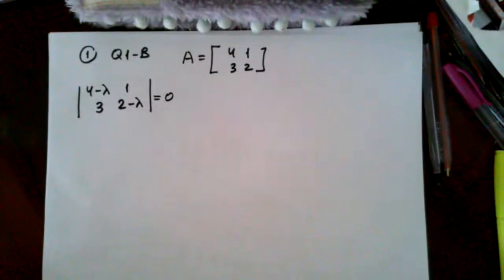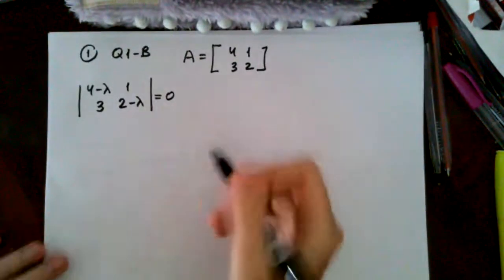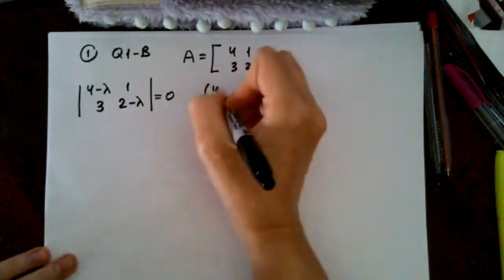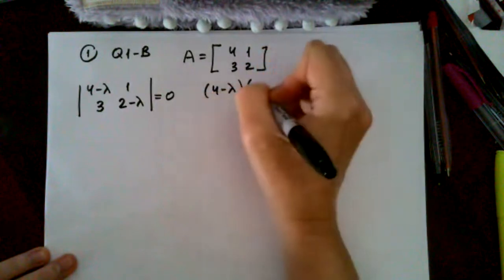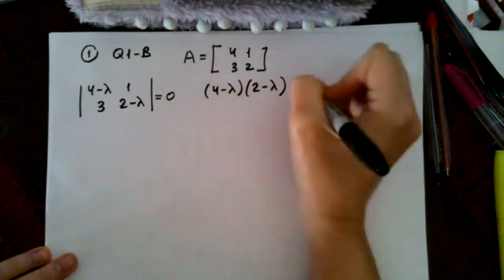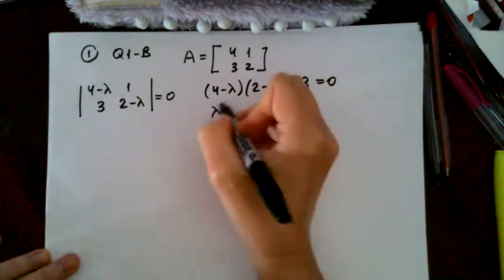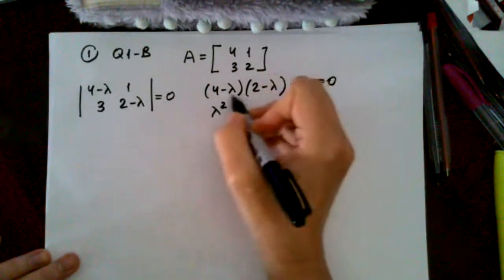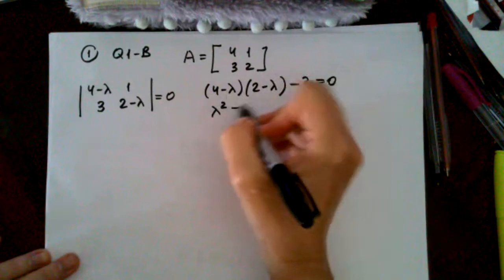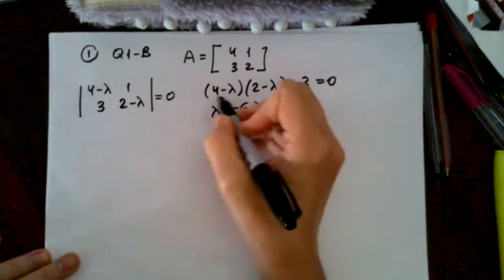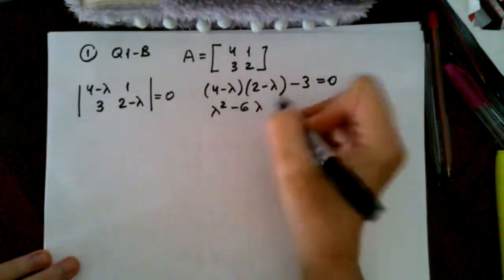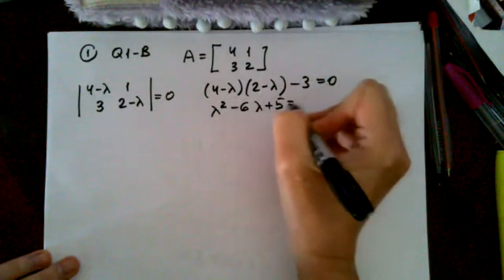I think the image maybe is not quite good. Okay, so let's try and calculate this. Determinant minus 3 is equal to 0. Now I need to do this multiplication. It's all pretty straightforward. Lambda squared, minus 2 minus 4 will be minus 6 lambda. Here we have plus 8 minus 3, which will be plus 5.